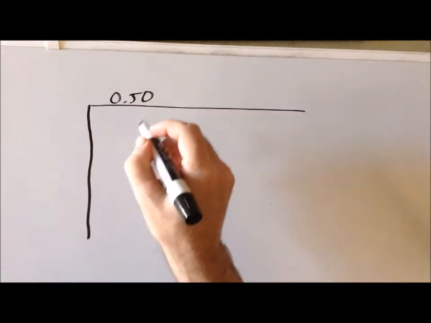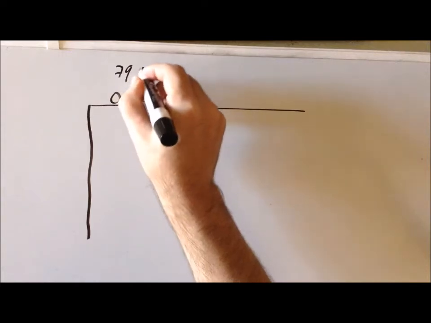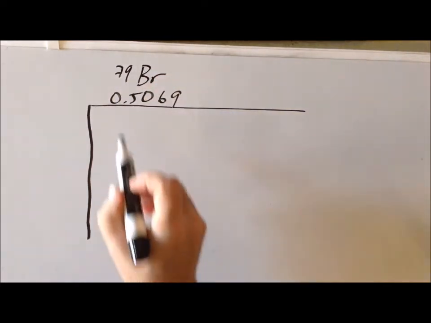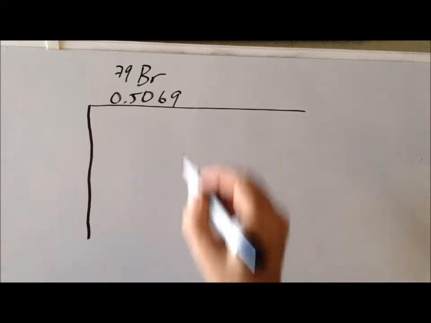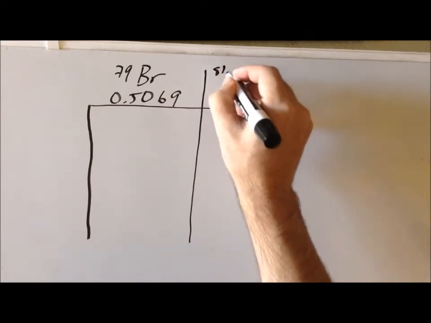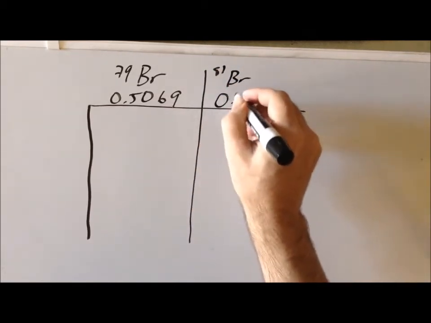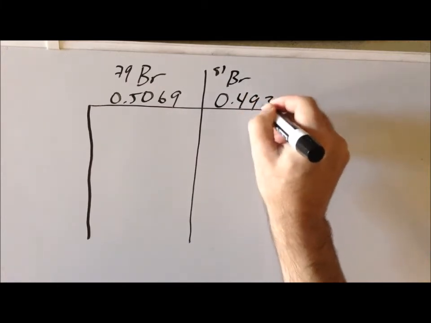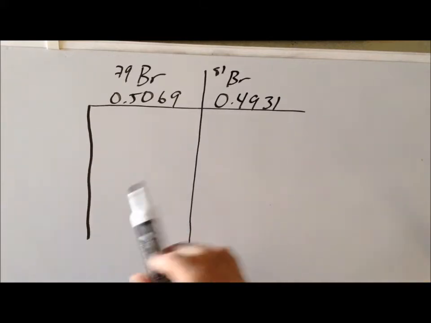So the actual probability of having bromine 79 in a sample of bromine is actually 0.5069. So it's slightly more than 50%. The probability of having bromine 81 is going to be 0.4931. So we see in a crude sense how close this actually is to a 50-50 or a 1-to-1 combination.